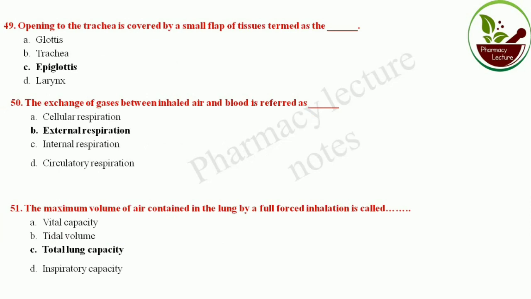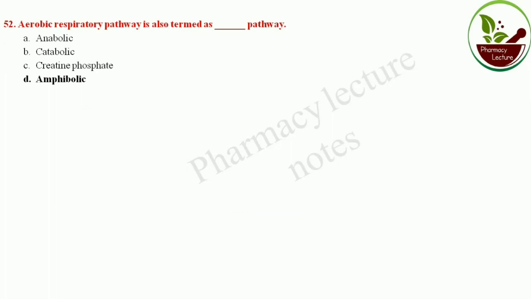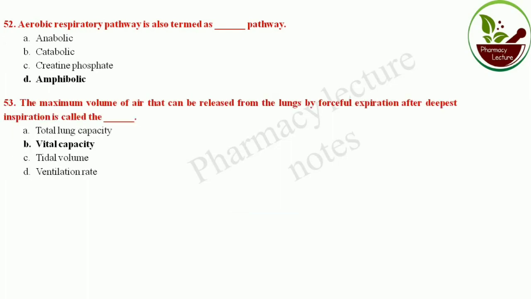Total lung capacity is the maximum volume of air contained in the lungs in a full forced inhalation, not normal inhalation. The aerobic respiration pathway is also termed the amphibolic pathway. The maximum volume of air that can be released is the vital capacity.